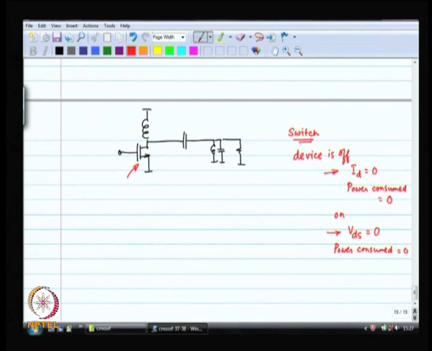So, if I can operate this particular MOSFET as if it is a switch, then it is never going to consume any power. So, I have to drive the voltage at the input of the MOSFET very hard. So, this is like a square wave.